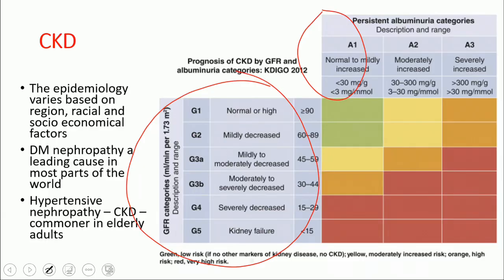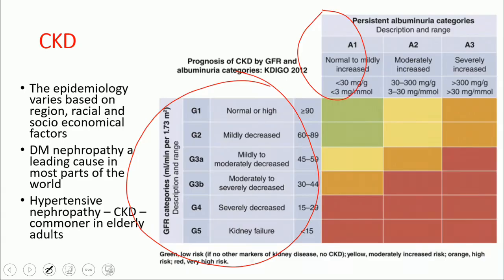Another way of differentiating AKI from CKD would be that in AKI you get a transient drop in the renal function which recovers after a period of time. In CKD there is progressive deterioration of renal function. But the problem practically, Nipuni, is that we don't know when the patient comes in with renal function deterioration whether it's new or old, unless you have been monitoring the patient's renal functions over a period of time.